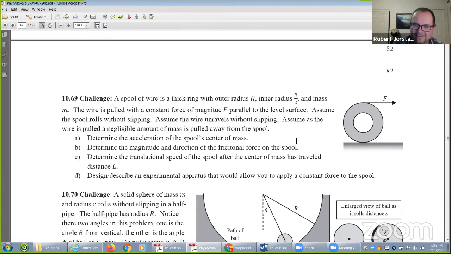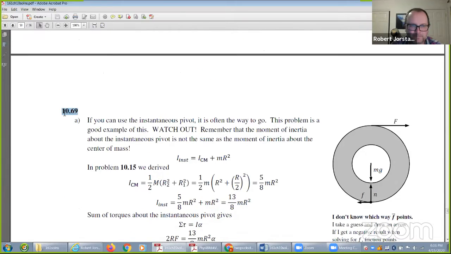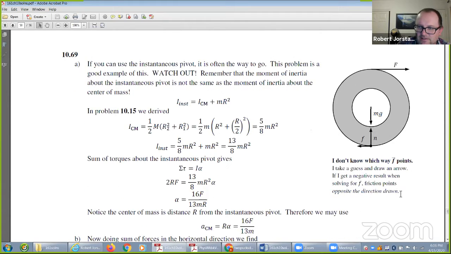This is crazy. Let's go look here. Whoops, that's a different one. So look at this one. I'm looking at 10.69 really quick. This is a challenge one, so obviously you don't have to do it, but if you want, you can follow this. It's nothing that crazy. But look at this.